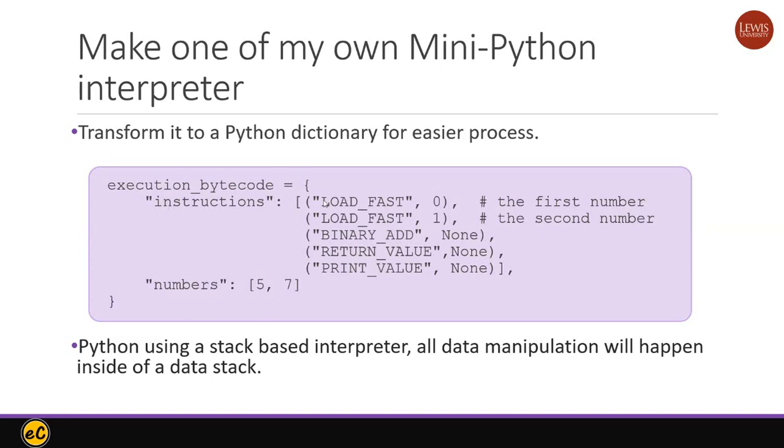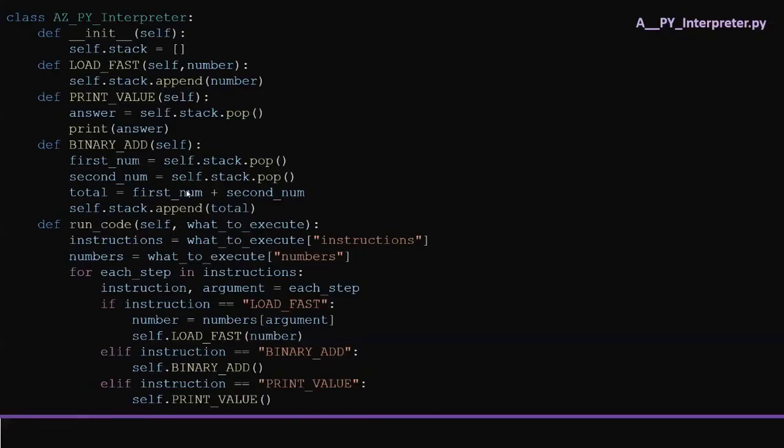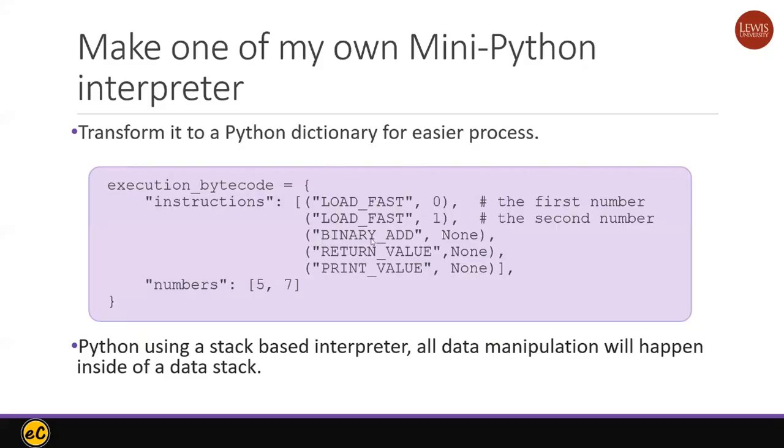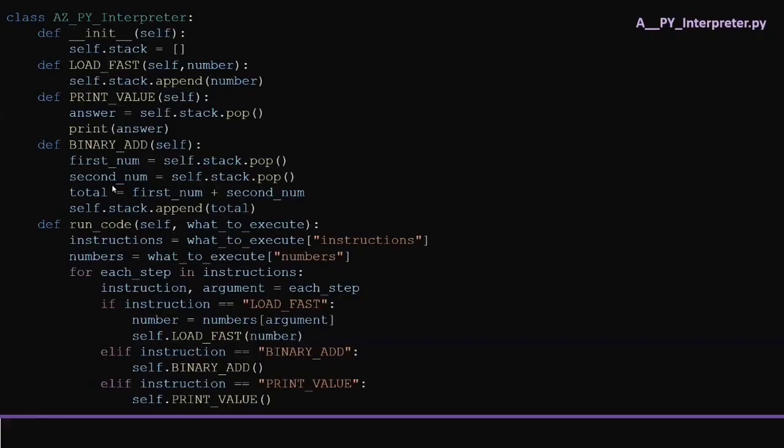The two numbers are the two variables, A and B's values, and then the instructions are these. This whole thing is actually a simple interpreter. It will run this assembly Python interpreter, which loads your dictionary format and runs it. This is just to show you how the Python virtual machine works.